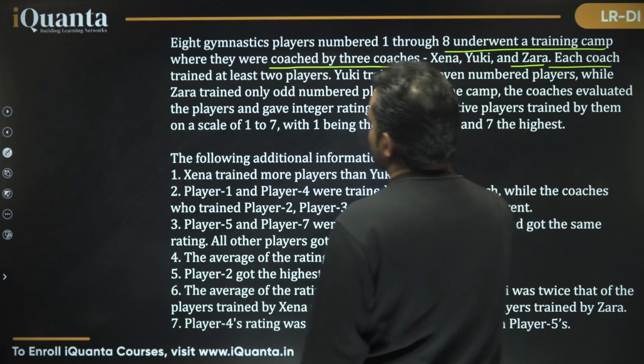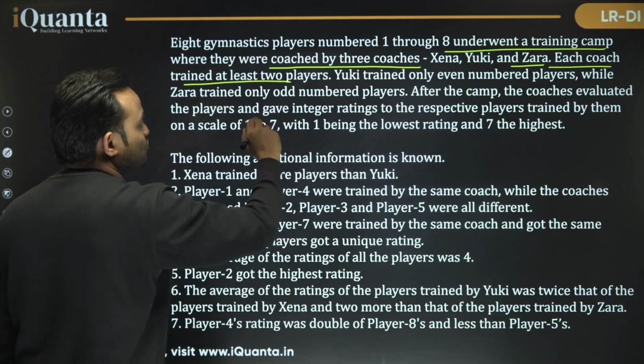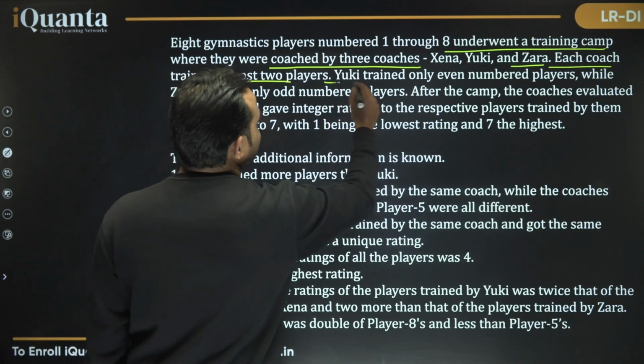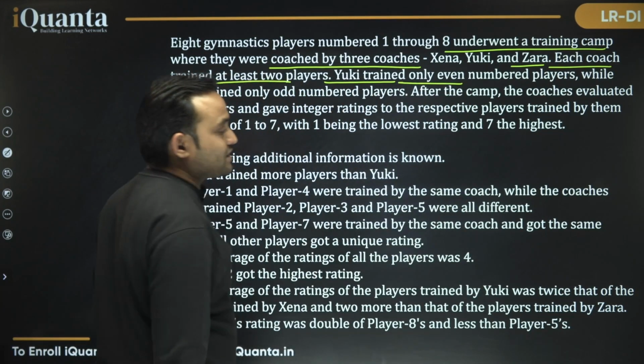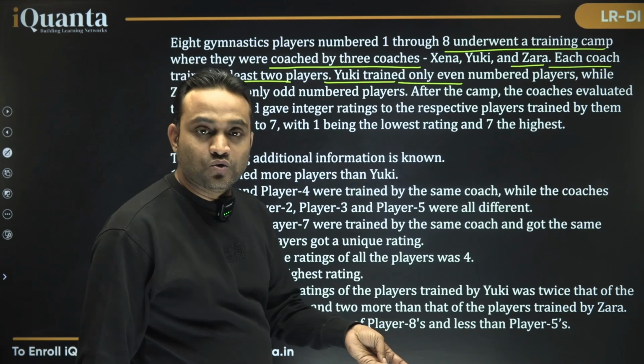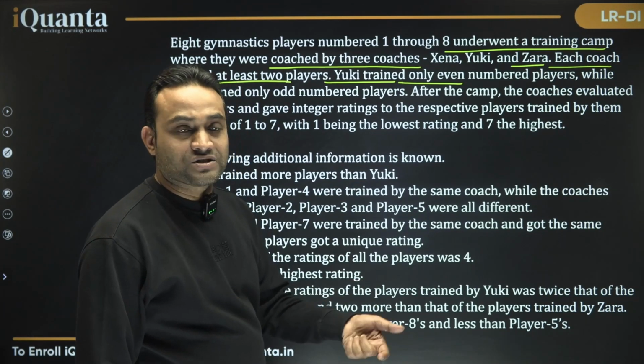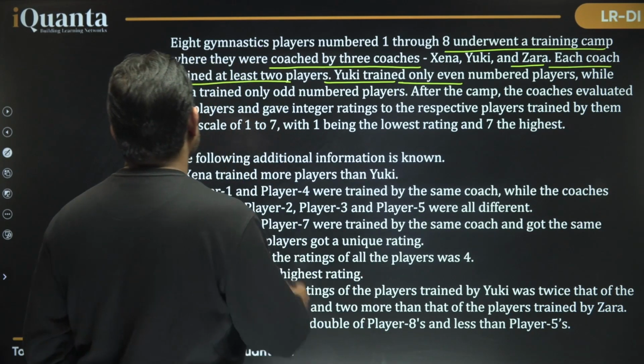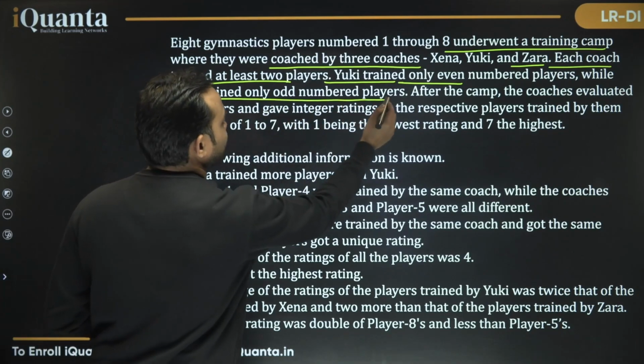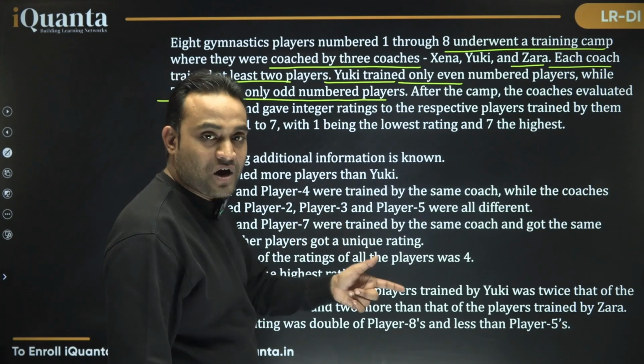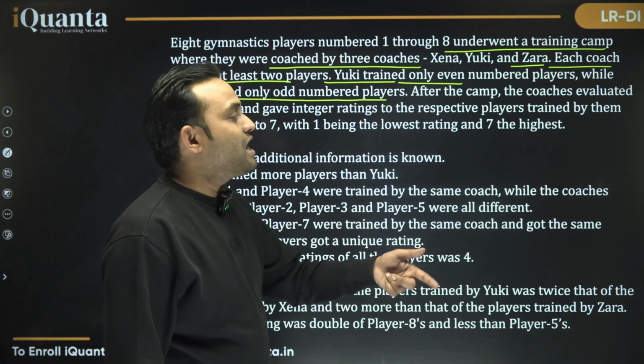Each coach trained at least 2 players. Yuki trained only even numbered players, means either player number 2, 4, 6 or 8. While Zara trained only odd number players, means player number 1, 3, 5, 7, like that.